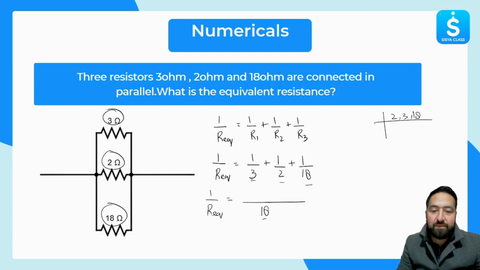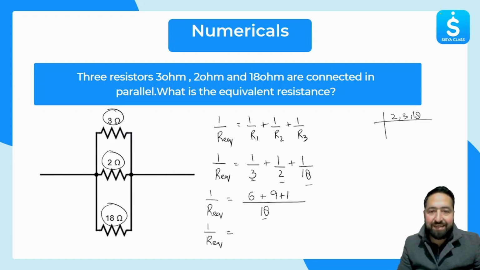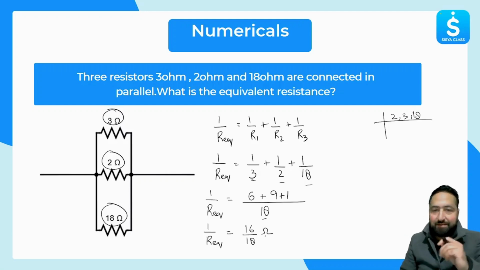So 18 divided by 3 comes out to be 6. So here we write 6 plus, then here comes 9 plus 1. Now these things you study in maths. 1 divided by R equivalent will be equal to 9 plus 1 is 10, and 10 plus 6 is 16, divided by 18 ohms. But is this the thing we are looking for?